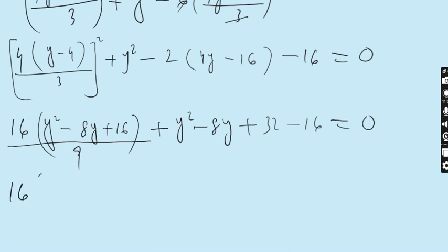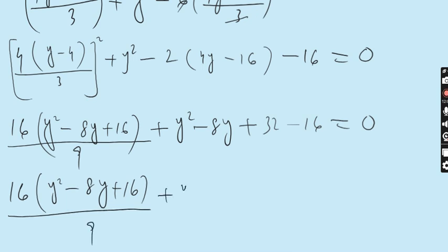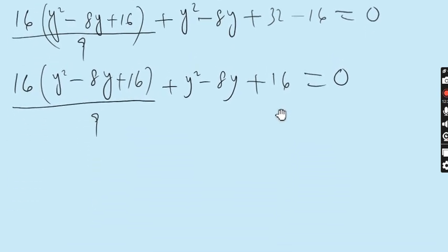So 16 y square minus 8y plus 16 upon 9 plus y square minus 8y plus 32 minus 16 is plus 16 equals 0. Now taking the LCM 9 for the whole equation.